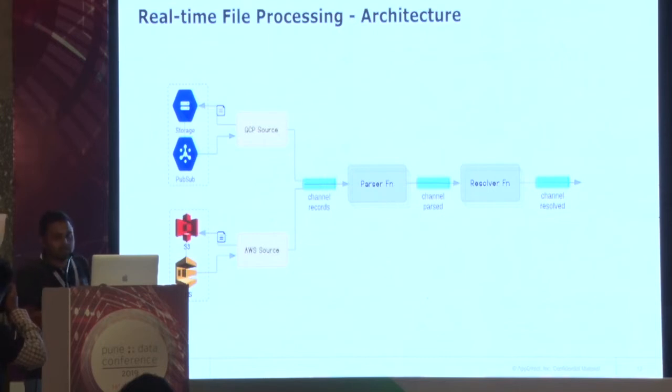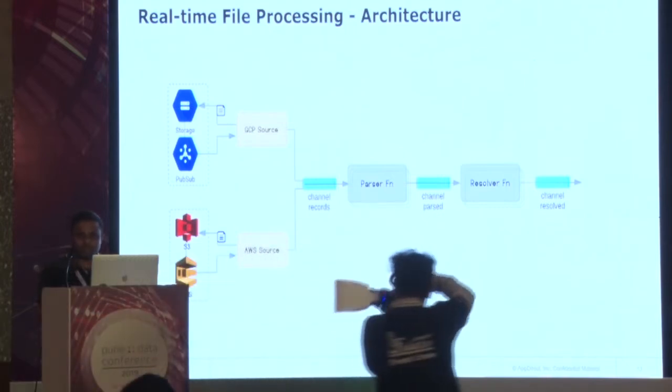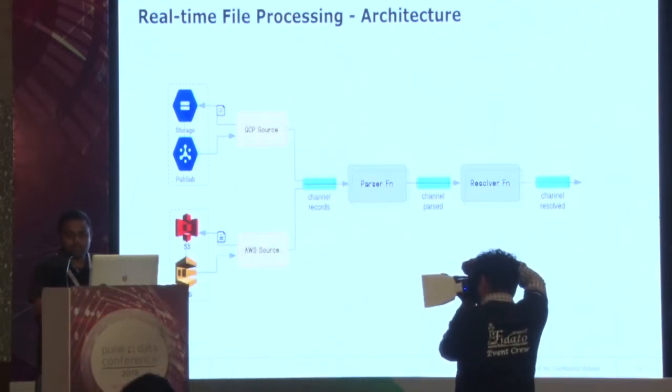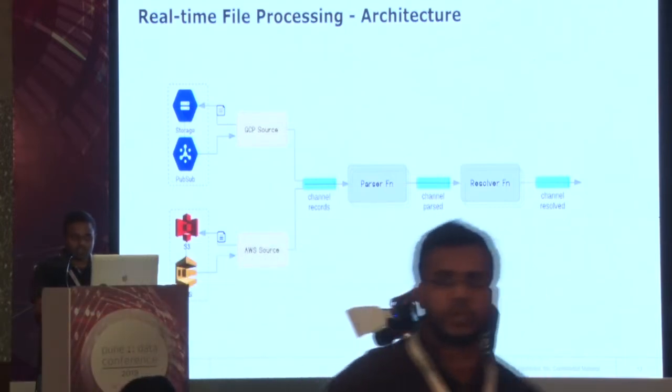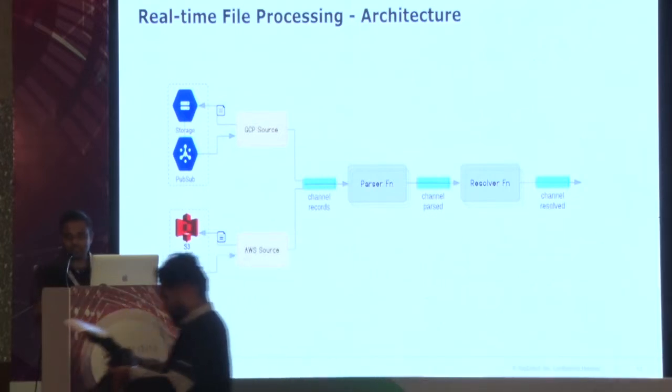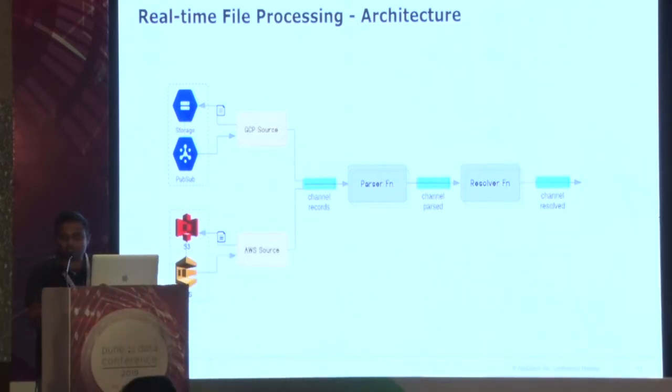For example, in the telecom domain, you have call data records. Every time you make a call or use your internet plan, there's a usage that you incur. Each of those records is sent to us in the form of files, or maybe even API calls, and we rate it near real time and add it to your billing and invoicing systems.